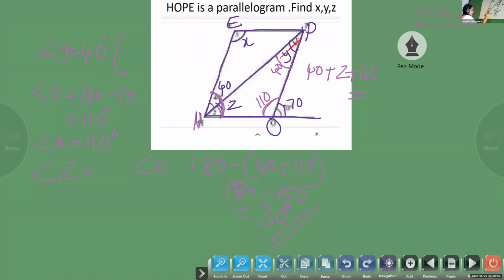Total of H, that is 40 plus Z, and 110. In a parallelogram, these two angles are adjacent angles, so the sum of these two angles is 180 degree. So Z plus 150 is equal to 180 degree.